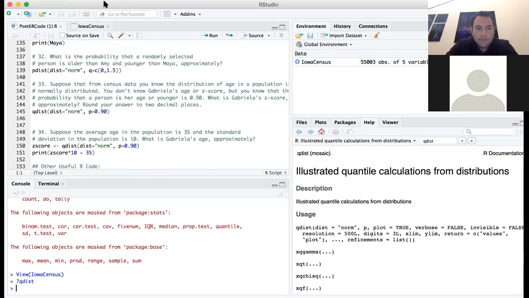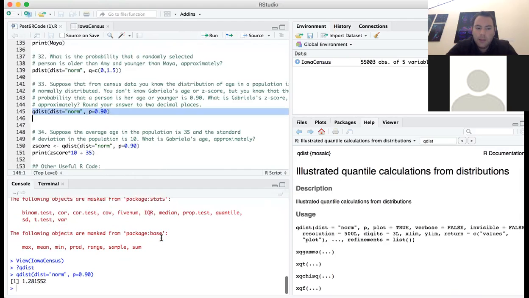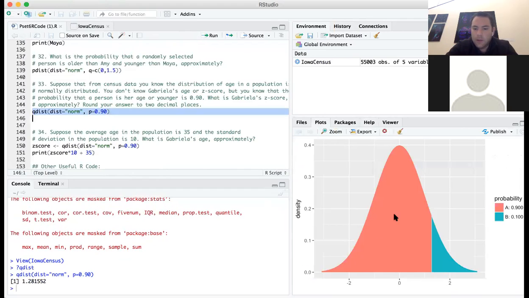So in this example, just for a normal distribution, we can look at what the z-score would be for the 90th percentile, right? So if we run this command, looking at the normal distribution with the 90th percentile, this will show us the given z-score for that percentile.